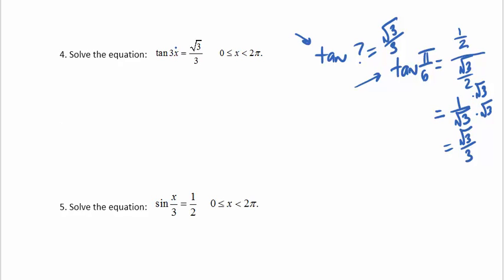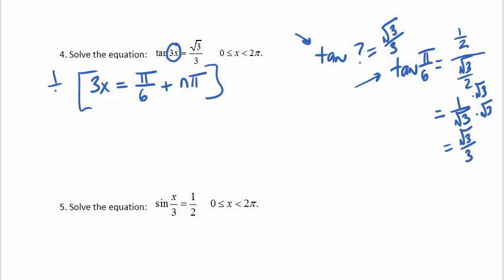So then what we want to do is come and take this inside here and say, okay, we want 3x to be equal to pi over 6 plus n times pi, because that's the period of the tangent. And then we're going to go ahead and solve this. So I'm going to multiply through by 1/3, and I'll get x all by itself.